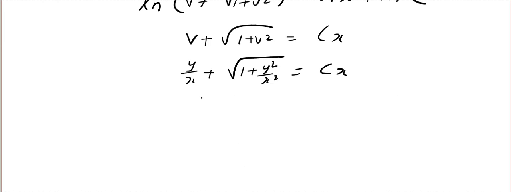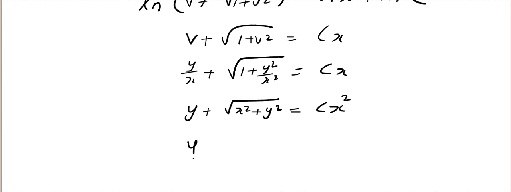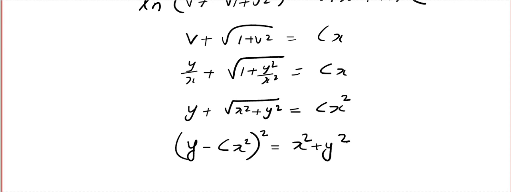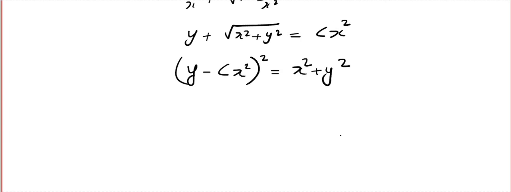Now you can multiply throughout by x, so you get y plus root under x square plus y square is equal to cx square. If you want, you can stop with this, or if you want to simplify further, we have, okay, if you want, you can stop here again.